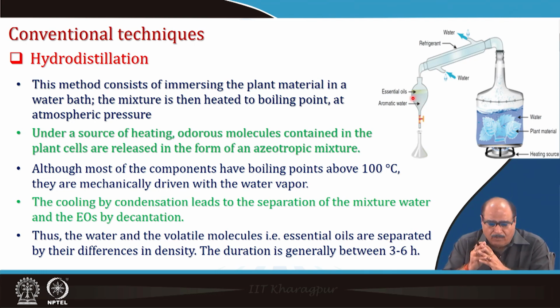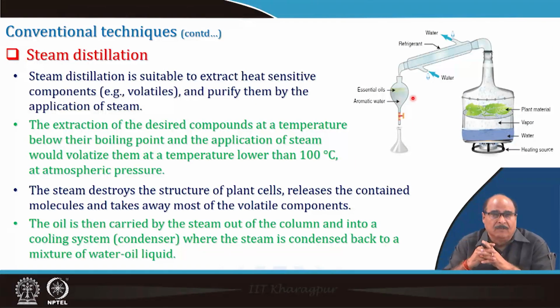The water and the volatile molecules, that is essential oils, are separated by their differences in density. The duration generally may take around 3 to 6 hours. Then steam distillation is suitable to extract heat sensitive components or volatiles and purify them by the application of steam.